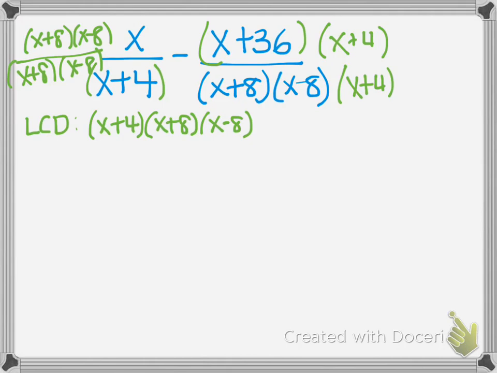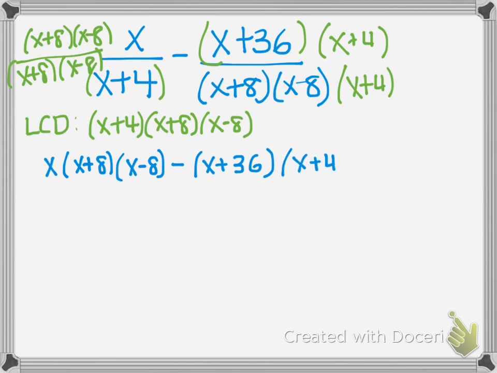Alright, so I'm going to write this all out first, and then we'll start simplifying. So we have x times x plus 8, x minus 8, minus x plus 36 over x plus 4.